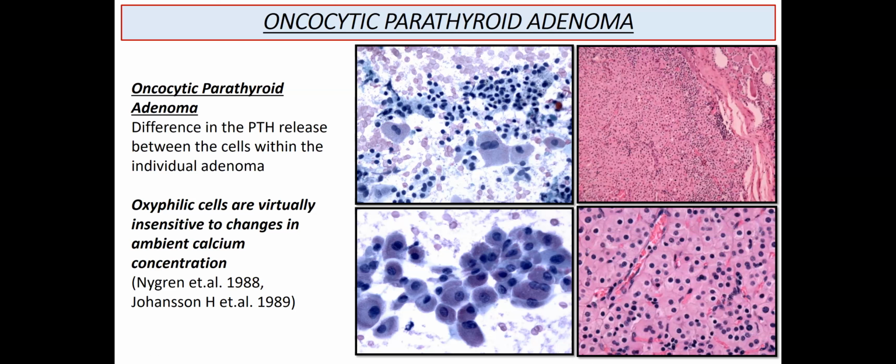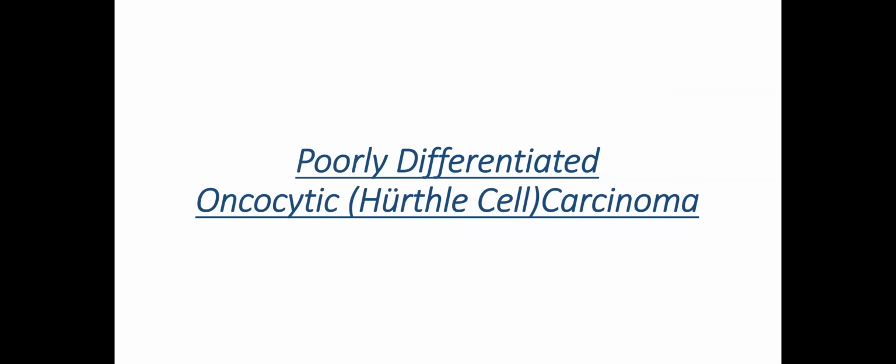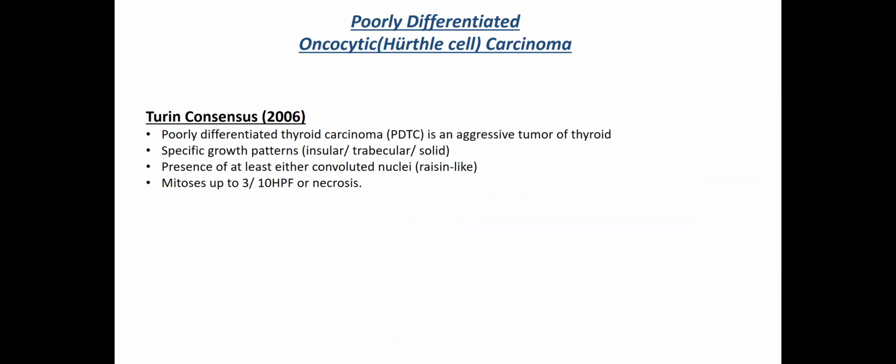So the patient's PTH levels may not be as high as with conventional adenomas. But when you are seeing a smaller oncocytic lesion within the thyroid, think of oncocytic parathyroid lesions within the thyroid gland. Oncocytic carcinomas can also be poorly differentiated. They are aggressive tumors. They have chemionecrosis.